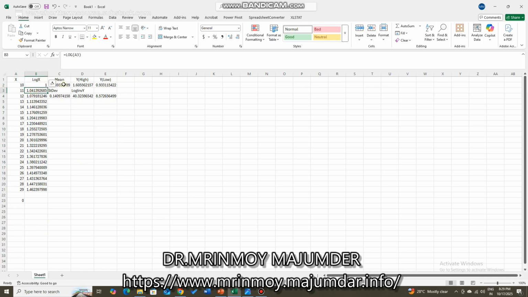Now we have to find the mean of the log of the sample values. So sample values are these, log of the sample values are these, and the mean of the log of the sample values is actually the average of this. I think it is clear to all of you. Now we have to find the standard deviation of the log of the sample values. Excel has a built-in function for standard deviation, which is STDEV, with the series B2 colon B21.